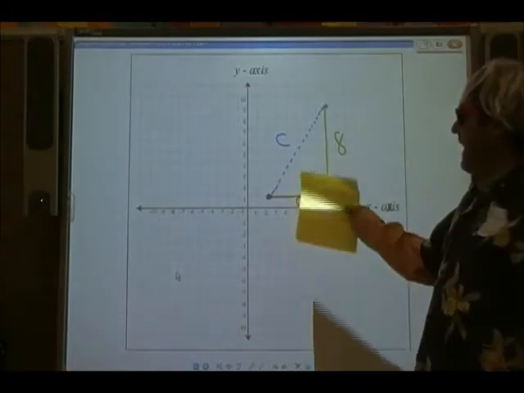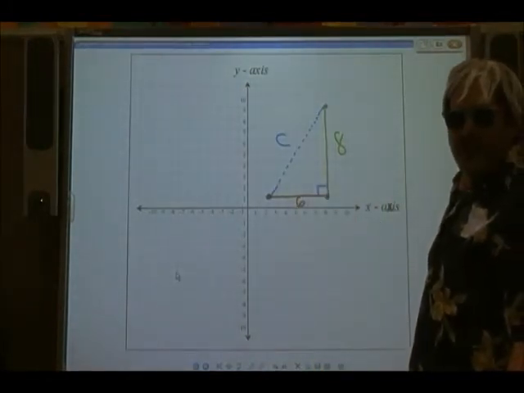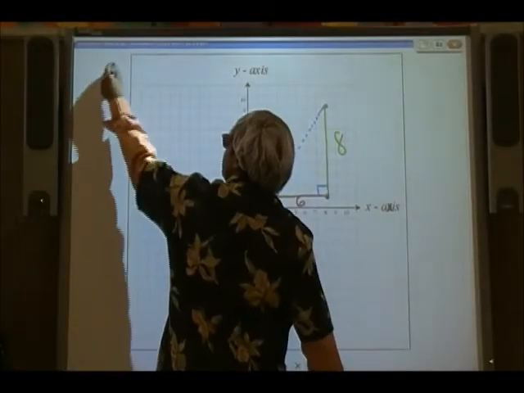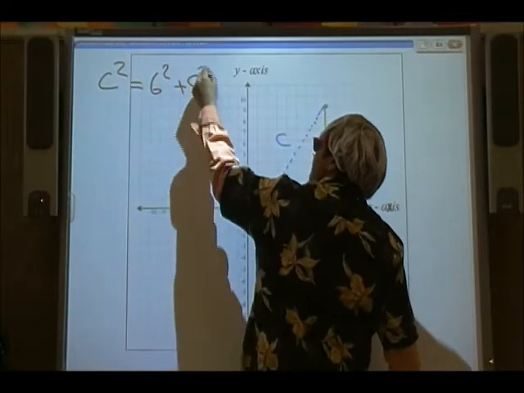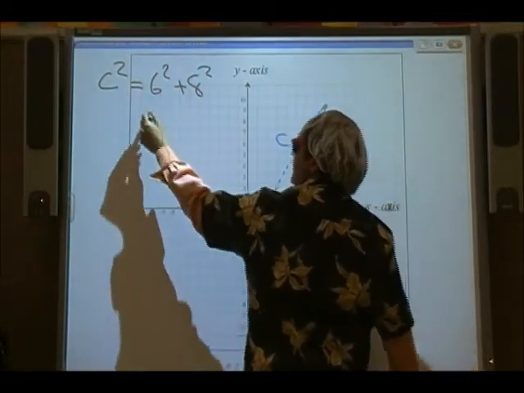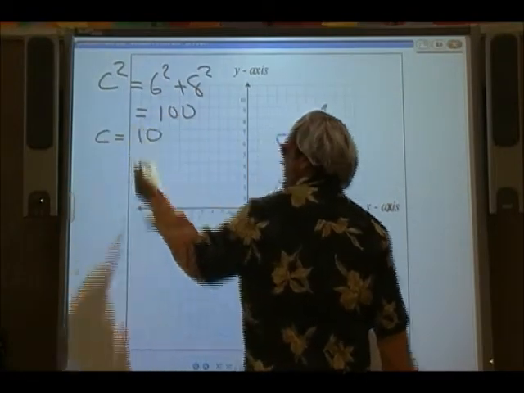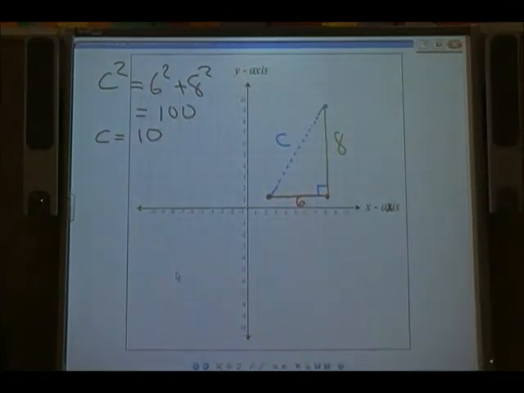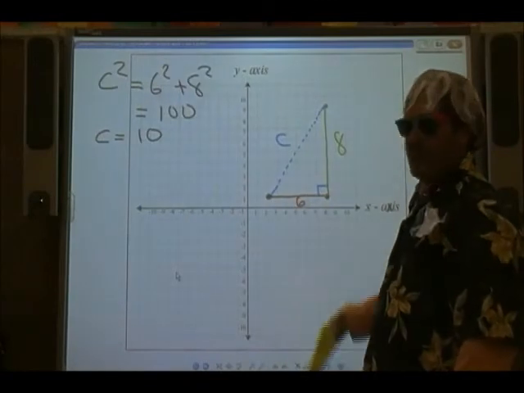Now all I have to use is the Pythagorean theorem: C squared equals 6 squared plus 8 squared. This and this make 100, and that makes C equal to 10. So C is 10.